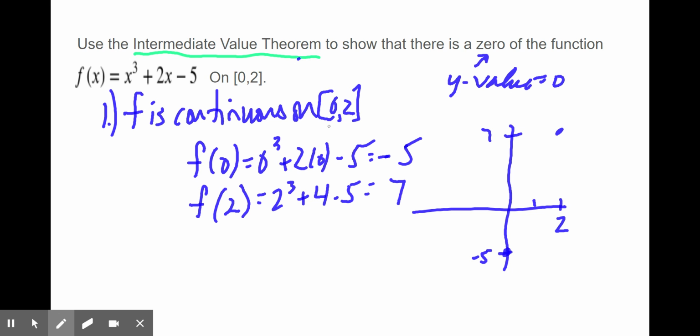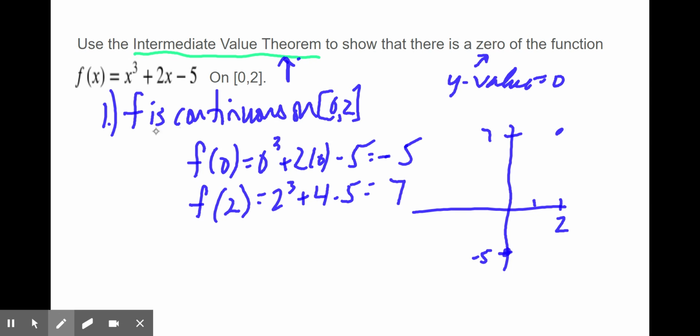If it's not continuous, well, maybe there's a hole here at the x-axis. How do you know? So maybe there isn't a place where that graph goes through 0 because there's a hole there. Unless you convince the reader that the function is continuous on the interval 0, 2, you can't use this theorem.